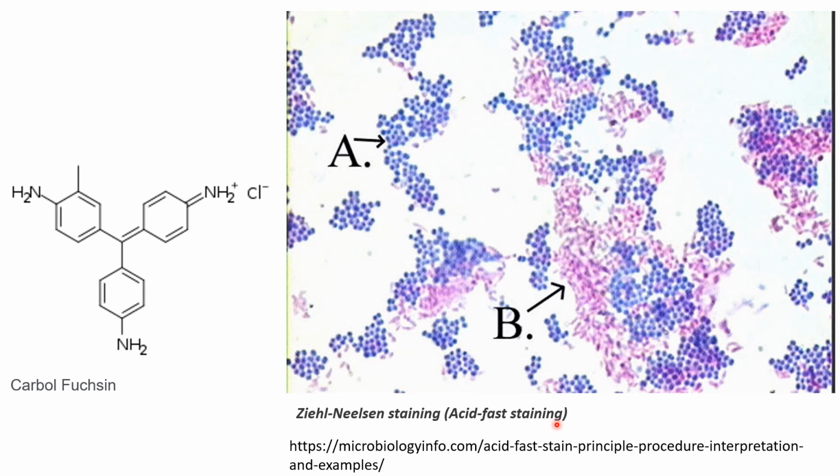So Gram staining is not effective for some bacteria to classify them. So we use acid-fast staining, or Ziehl-Neelsen staining. I don't know if I pronounce it right. Later I will explain what acid-fast staining is.